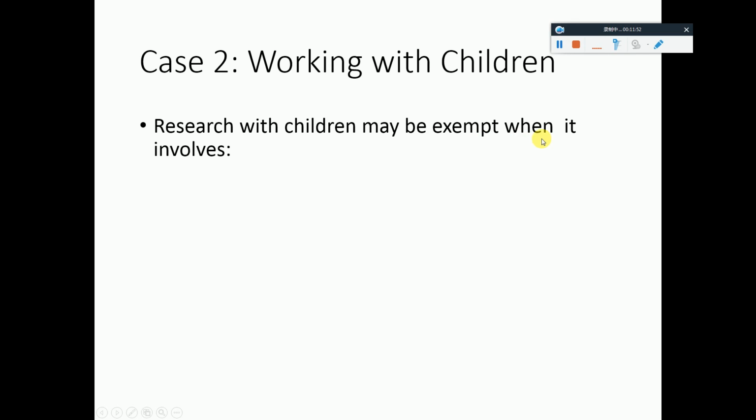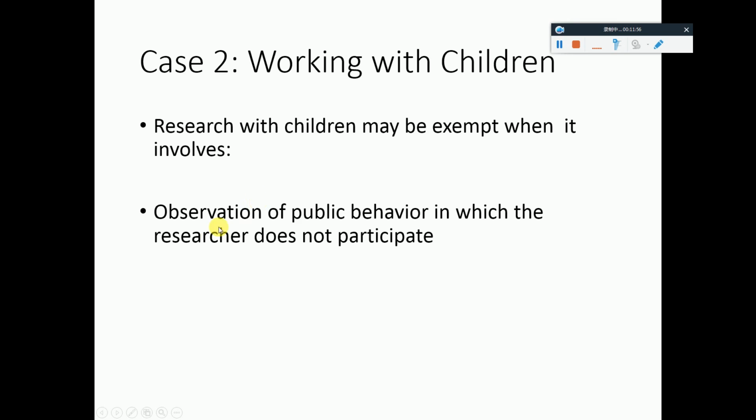For example, when such research projects involve the observation of public behavior in which the researcher does not participate. In other words, the researcher in such a study will only observe but does not intervene.